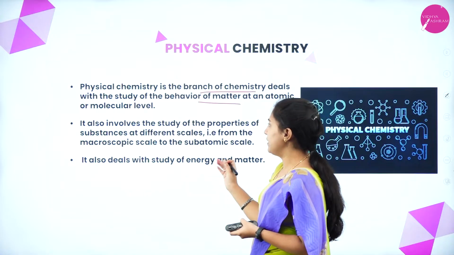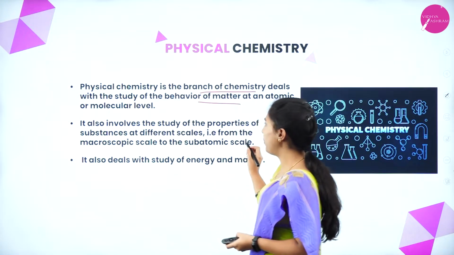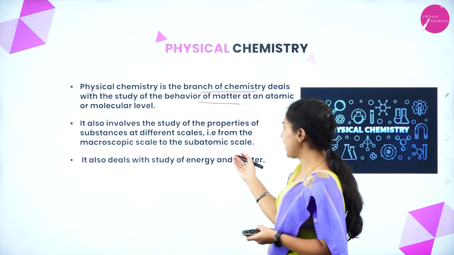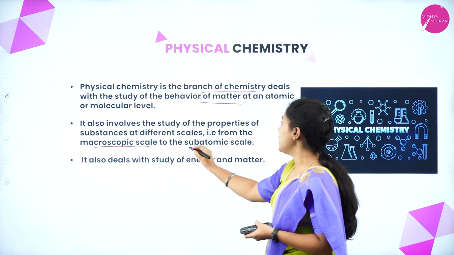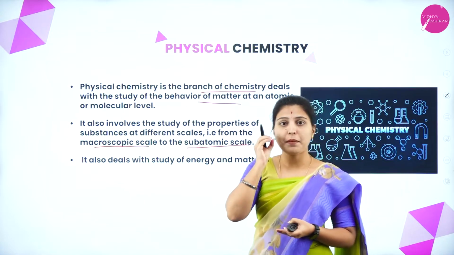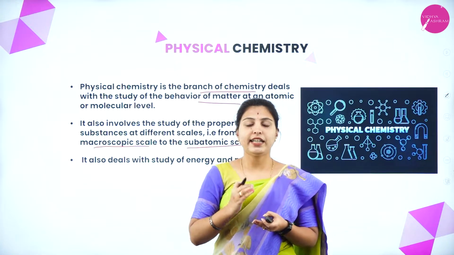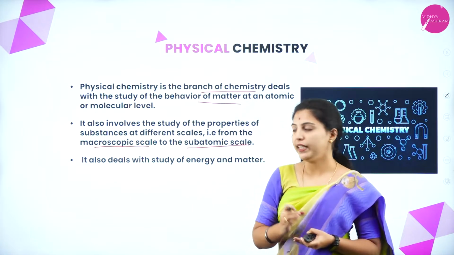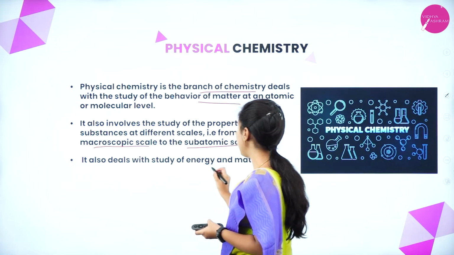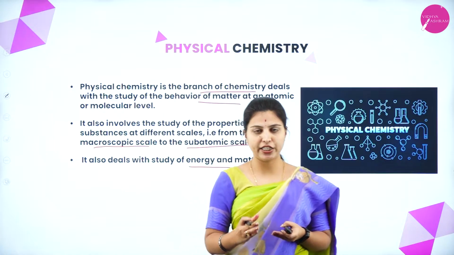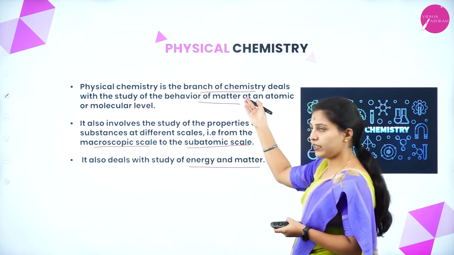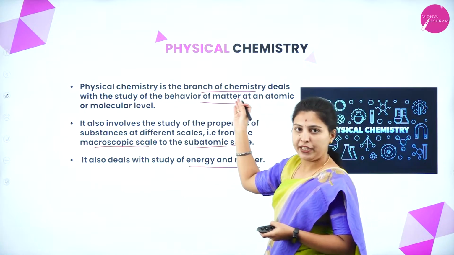It also involves the study of properties of substances at different scales, from the macroscopic scale, the bigger scale, to the subatomic, microscopic scale. Till there we can discuss atoms and molecules. It also deals with the study of energy and matter. Whatever energy you see in our nature, we will discuss under this branch.